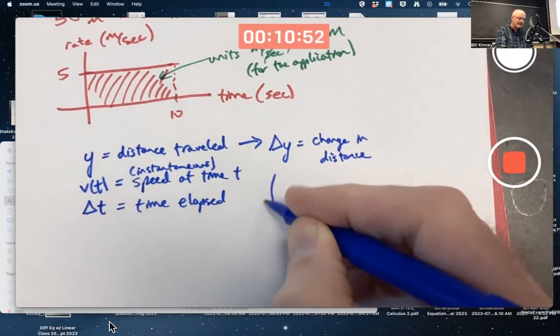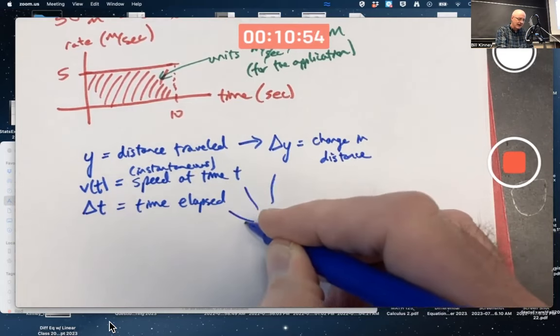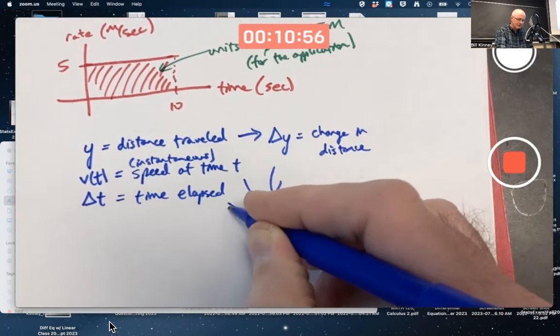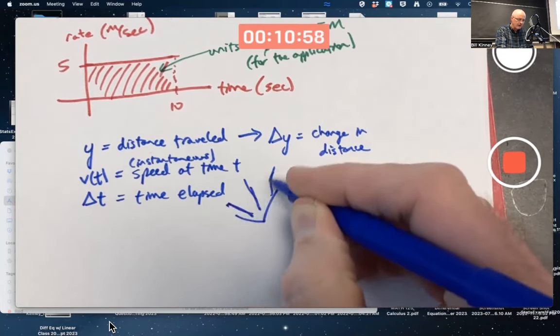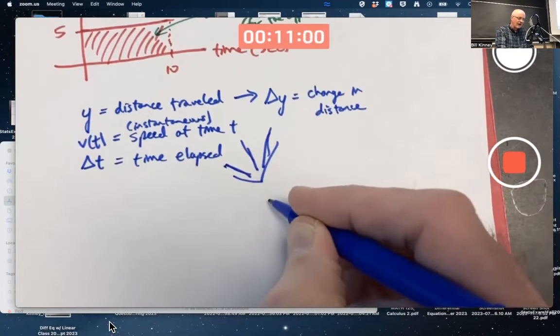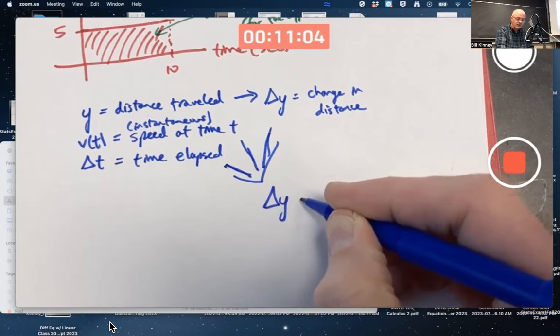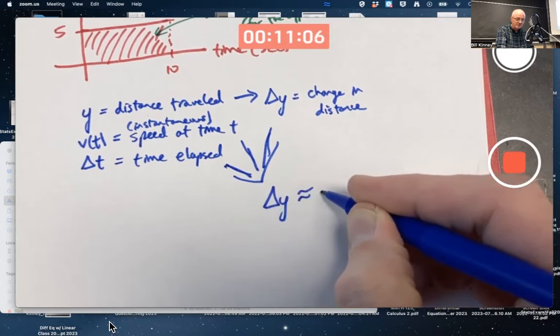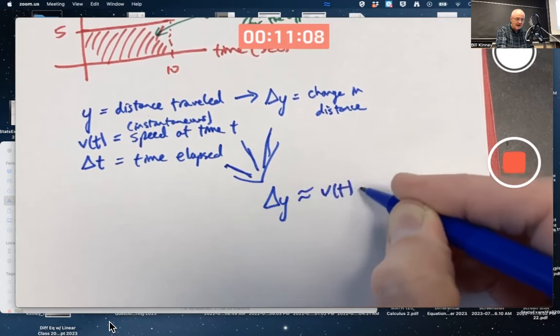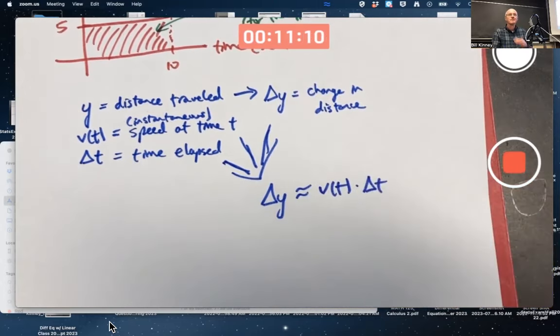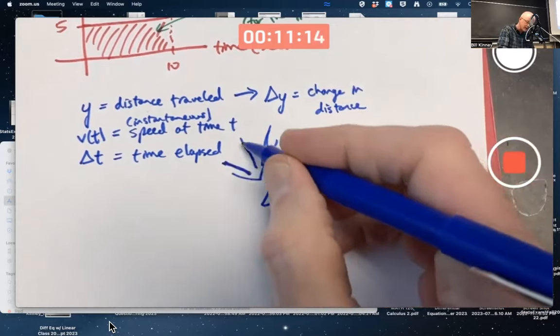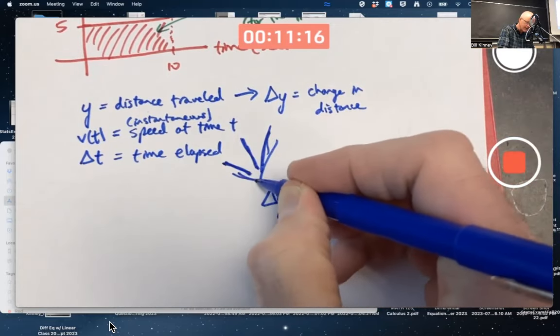Okay, I'm going to take these things and combine them. This is supposed to be a kind of crazy looking arrow here. Into one equation, delta y, and I'm going to write it as an approximate equation, is approximately v of t times delta t. This, again, is just sort of an arrow here.